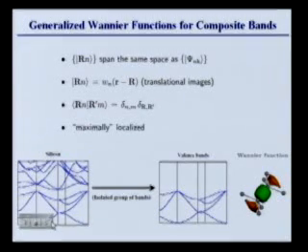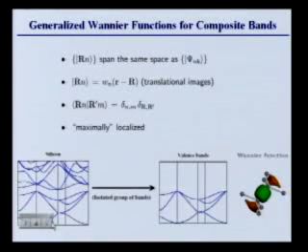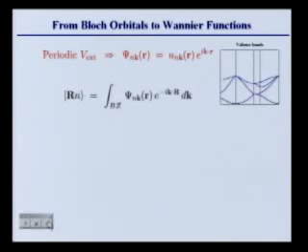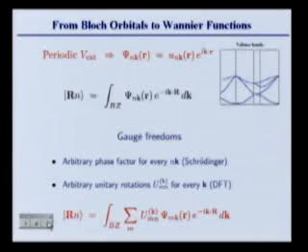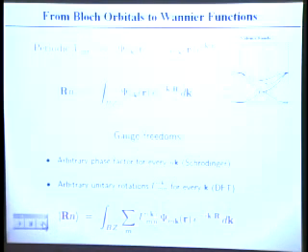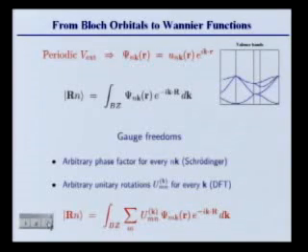But we can mix these around, and we can still look at the same problem, just in a different representation. Exactly as in classical mechanics, we can do an orthogonal transformation of our coordinate system and look at the same problem. So what we can do is a unitary transformation, a unitary rotation of our orbitals, and still look at the same problem.